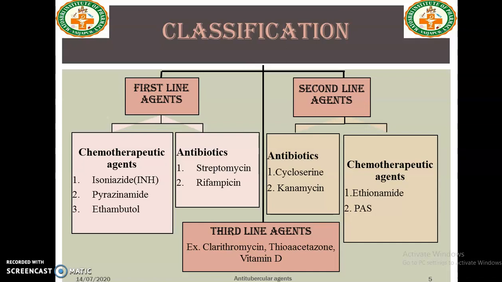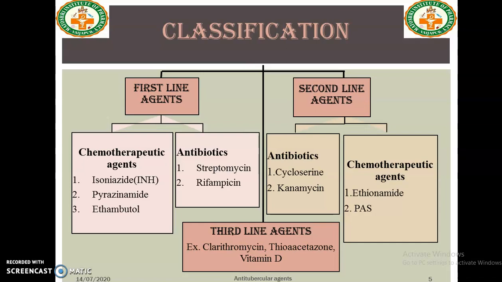These first line agents are classified into chemotherapeutic agents and antibiotics. The examples of chemotherapeutic agents include isoniazid, that is INH, pyrazinamide and ethambutol, whereas the antibiotics include streptomycin and rifampicin.